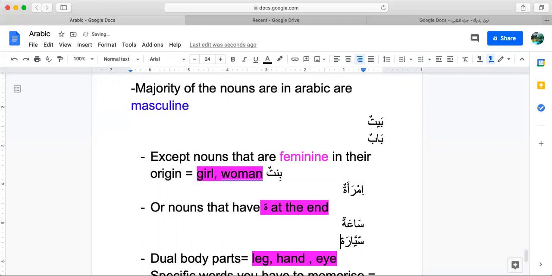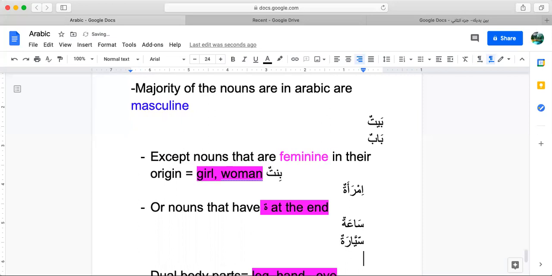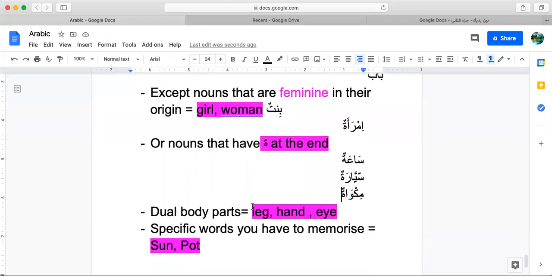So you know these are feminine. What else is there? For example, mikwatun means iron. You iron with something. So these words, sa'atun means watch, sayyara car, and mikwatun iron. So these are feminine. Okay.